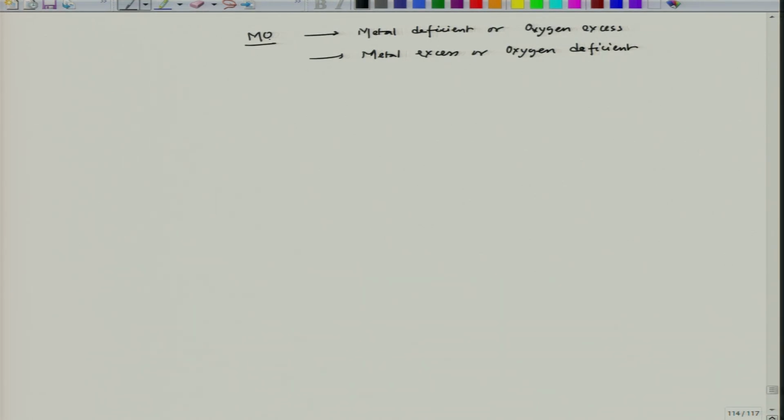Since I am considering this to be non-stoichiometric, in one case I can write it as M 1 minus delta O, or M 1 plus delta O, where delta is a very small quantity, a fraction. Or I can write M O 1 plus delta, or M O 1 minus delta.